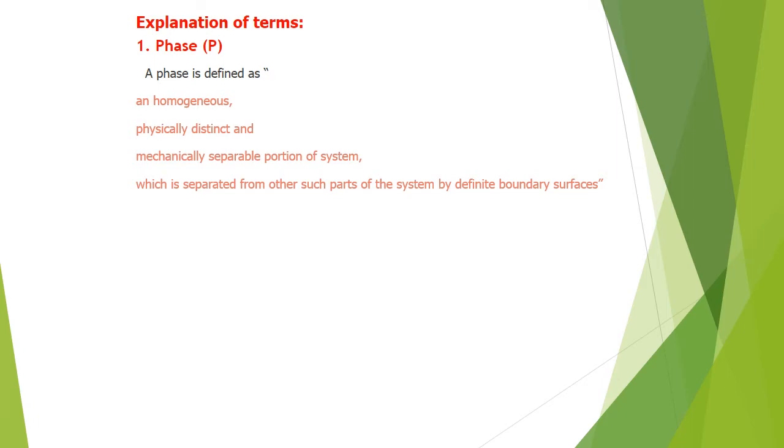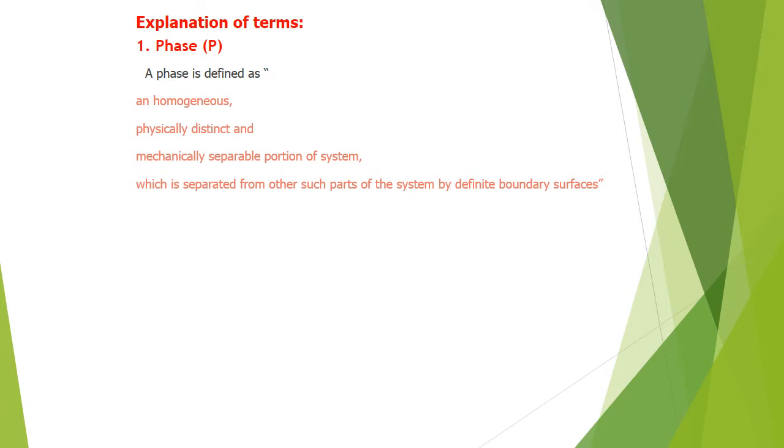I can say where the solid ends, where the liquid ends, where the gas ends, and what area the ice occupies. So that is distinguishable, physically distinct, and also has a definite boundary. So what is a phase? A homogeneous, physically distinct, mechanically separable portion of a system having a definite boundary is called a phase.